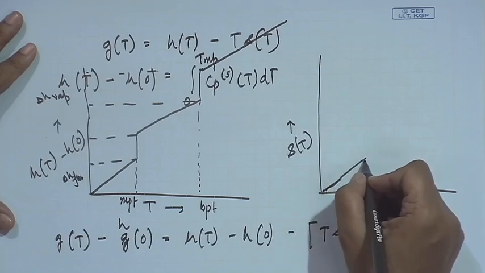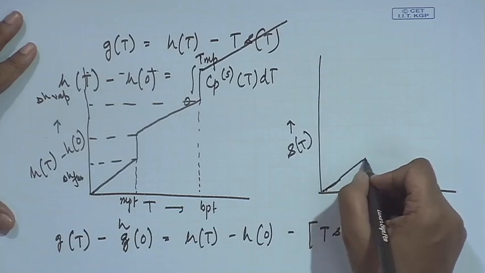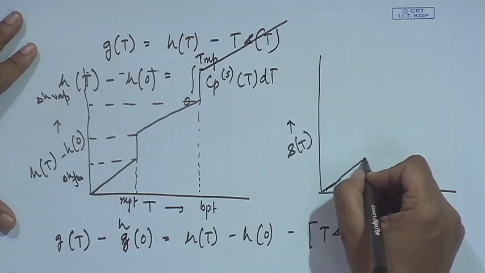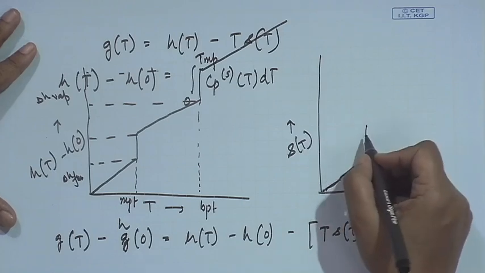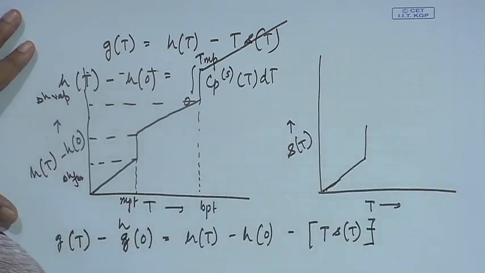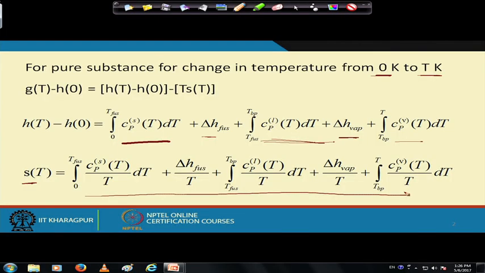Initially the solid is heated and increases in temperature, and its entropy also increases. Then during the melting process, it absorbs delta H fusion at T fusion. After that, again the liquid gets heated, then it absorbs delta H vaporization at the boiling point, and then the heating continues.